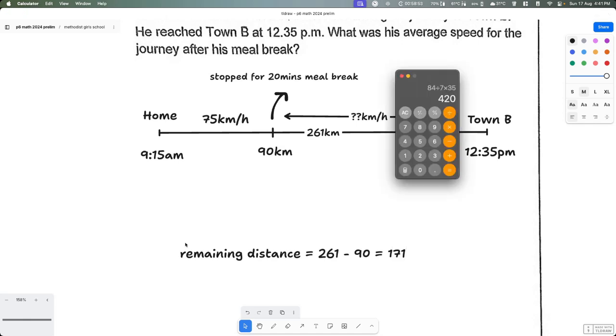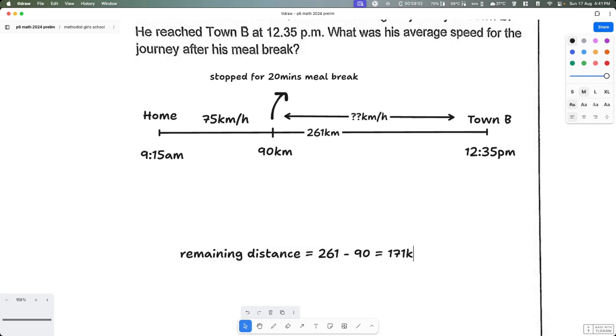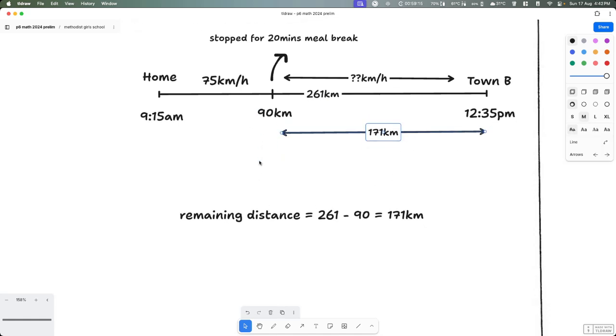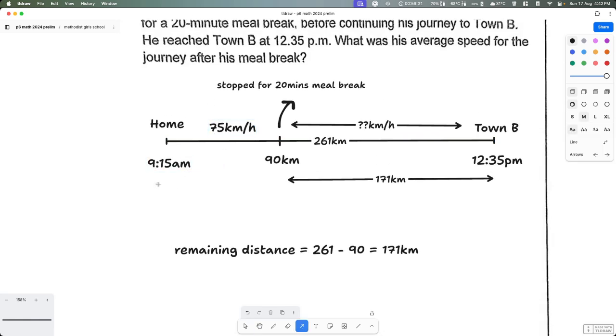So 261 minus 90 is equal to 171 kilometers. So we know that this whole distance over here is 171 kilometers.